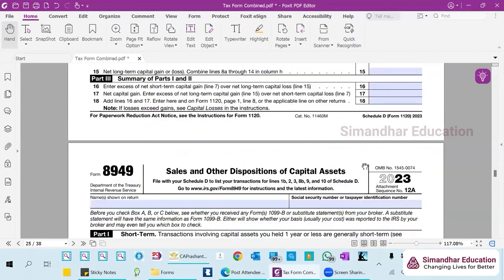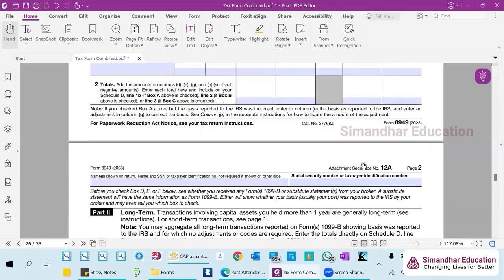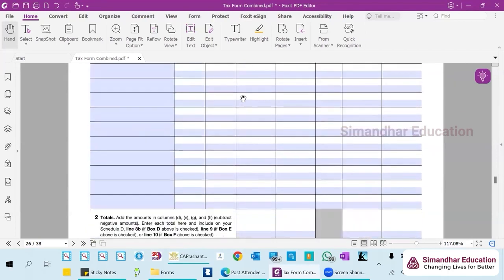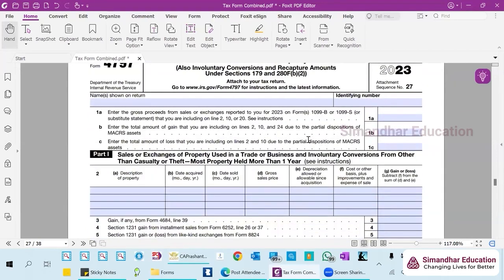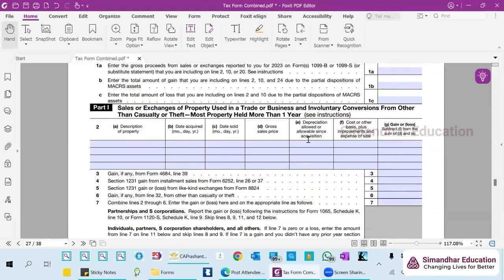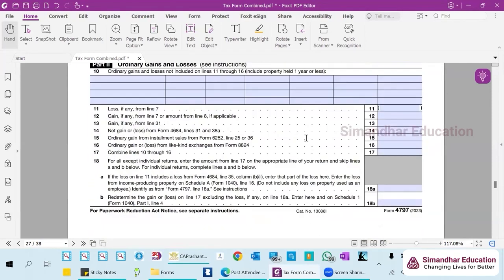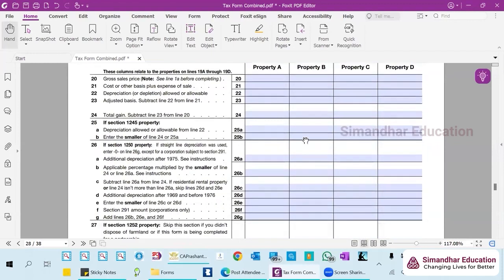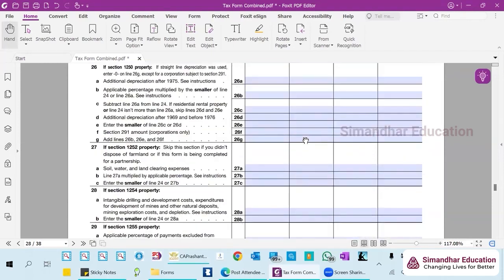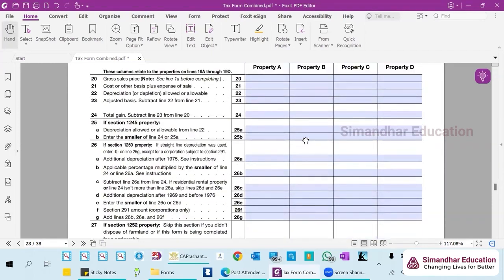Now we have 4797, which is for business property. We'll talk about this in detail and understand the form and other things. And don't miss this topic, gain or loss and depreciation. Why?